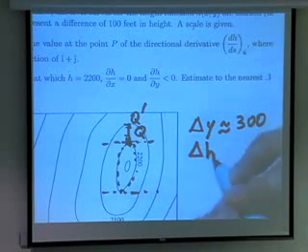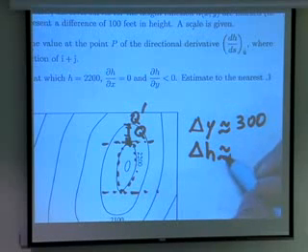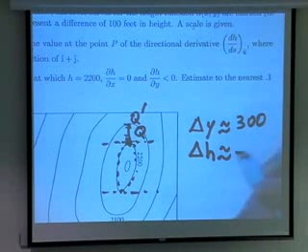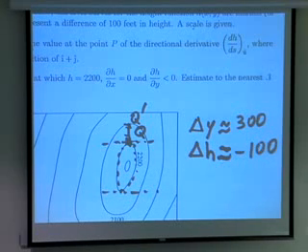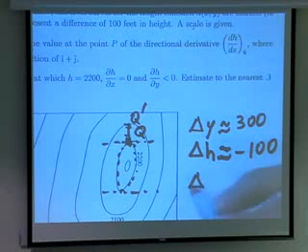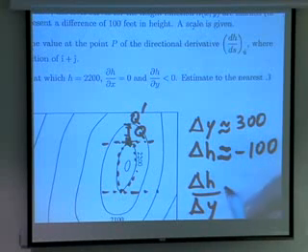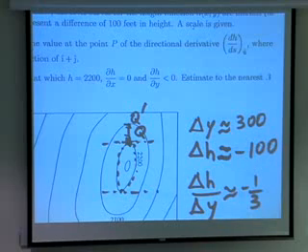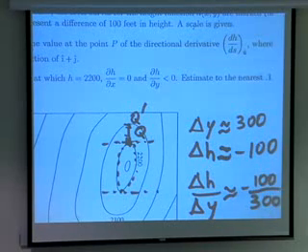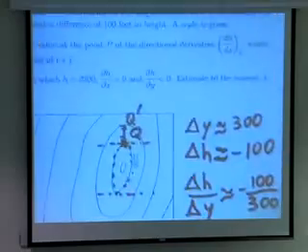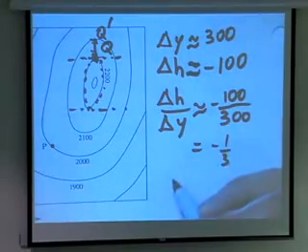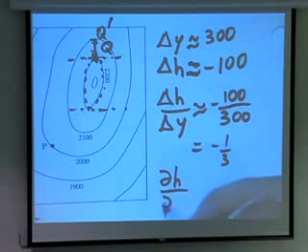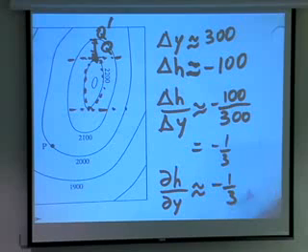What's the change in height when you go from q to q prime? You go down from 2200 to 2100. That's exactly minus 100. And so delta h over delta y is about minus 100 over 300, which is minus 1/3. That's an approximation for the partial derivative. Okay? So that's how you would do it.